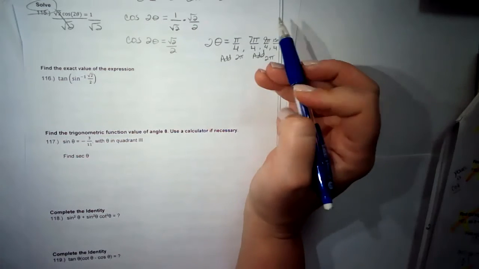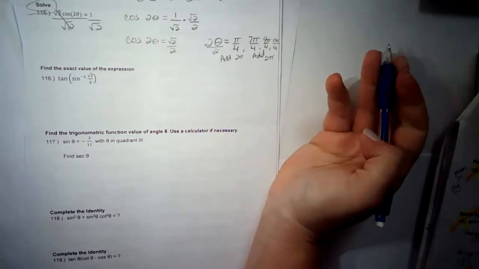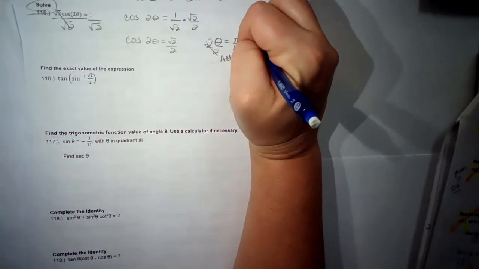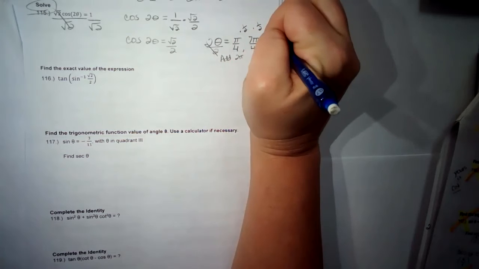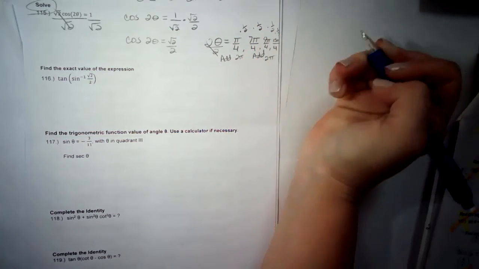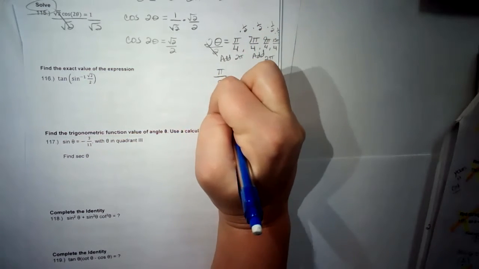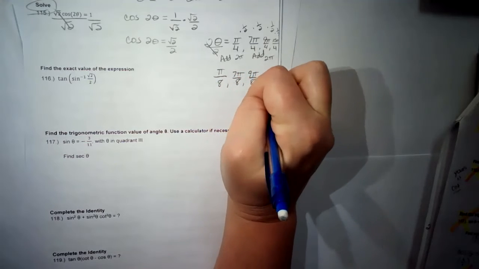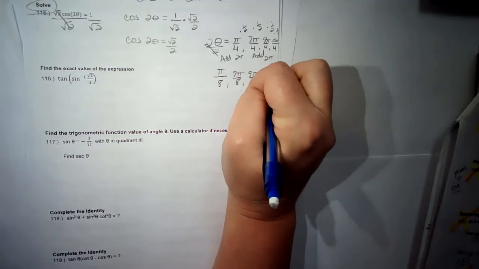Now what we're going to do is divide everybody by 2. When you divide by 2, it's the same as multiplying by 1/2. And you're going to end up with pi over 8, 7 pi over 8, 9 pi over 8, and 15 pi over 8. And there you go. Those are your answers.